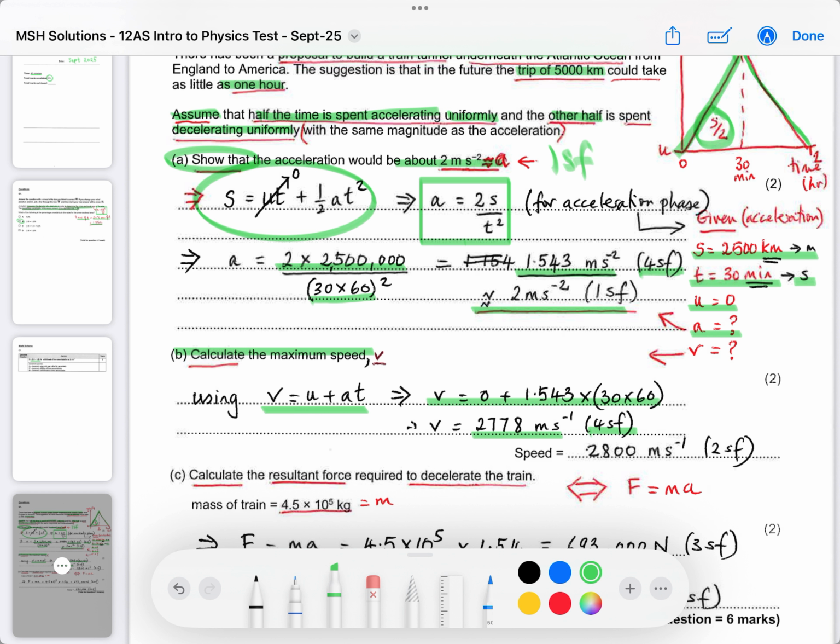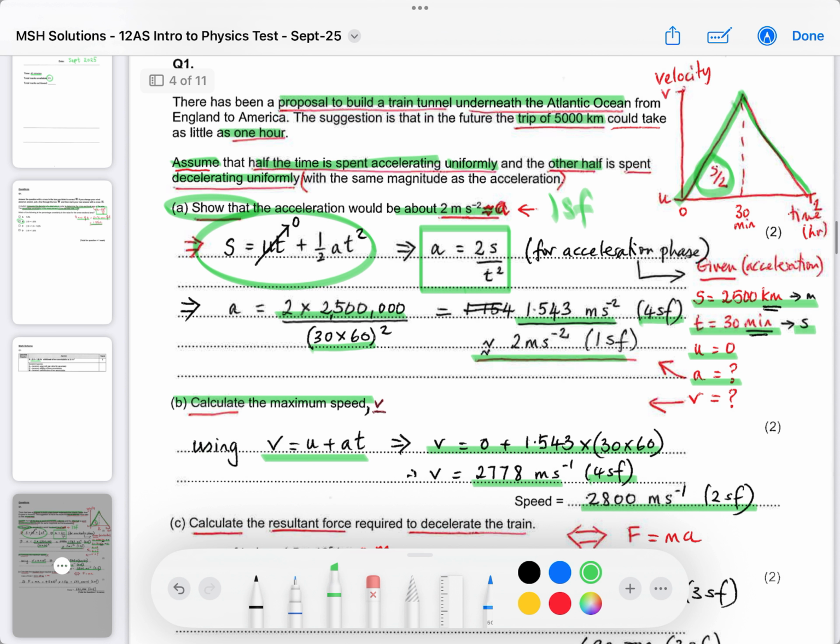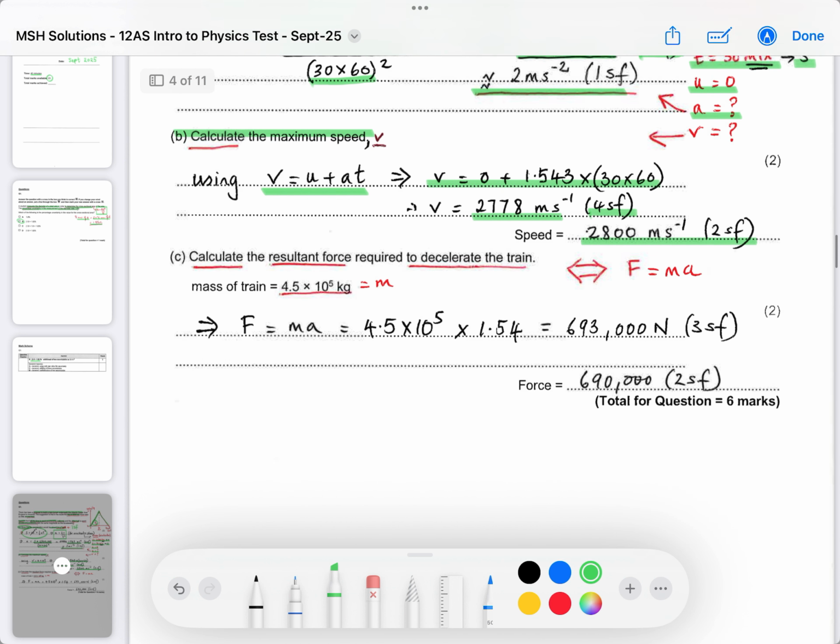Again, to 4 significant figures, I round it to 2 significant figures, because the data provided is accurate to 2 significant figures. If you have a look in the question, they've given 5,000 kilometers and 30 minutes. So really, 2 significant figures is all they need.